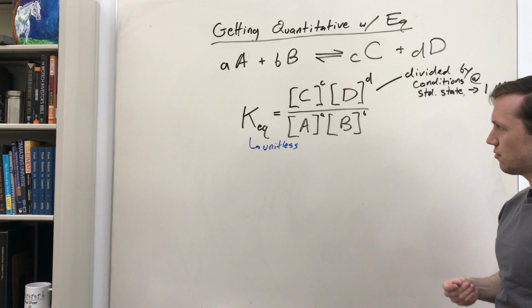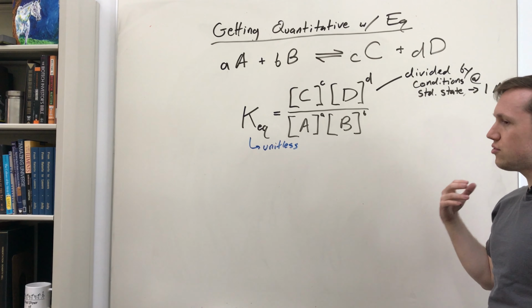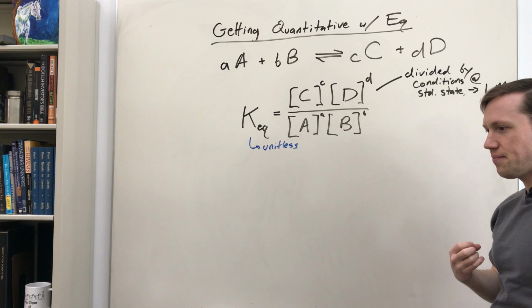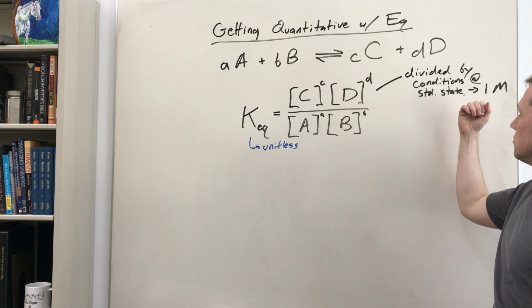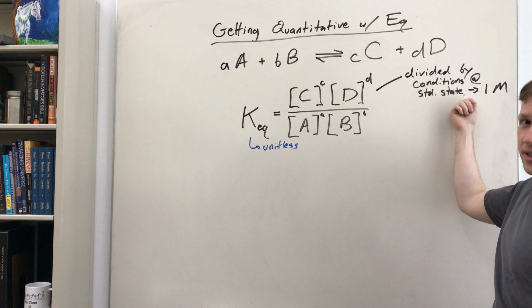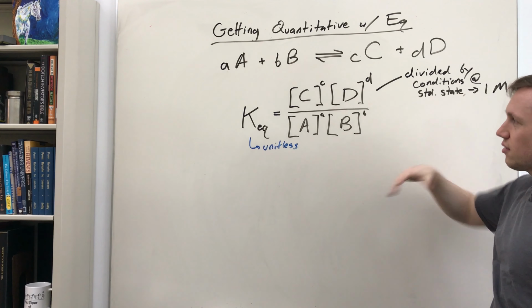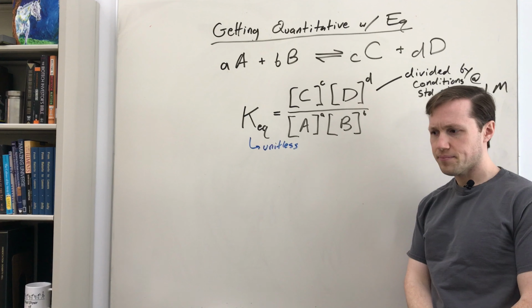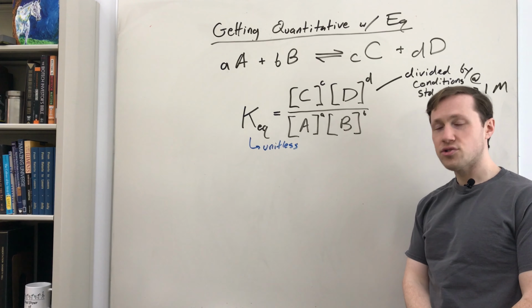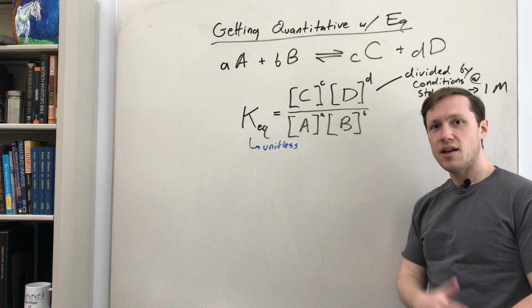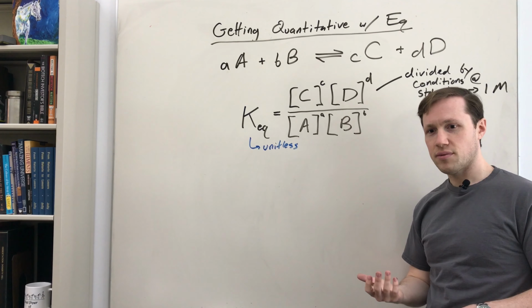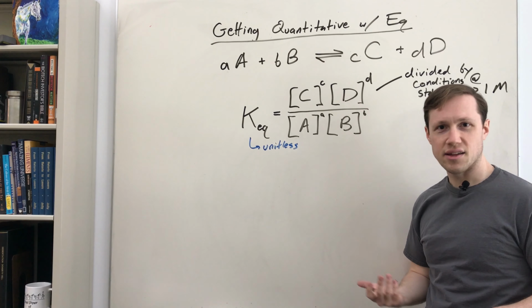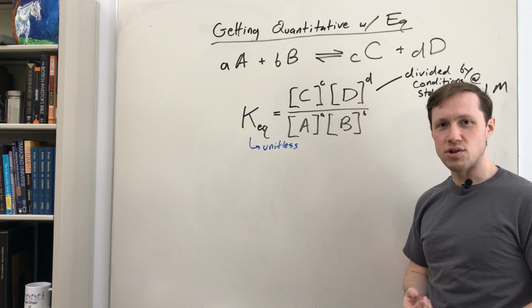There's something else too. If you divide a compound in solution by its standard state, well, that's 1 molar, and it switches its number over to molarity. You can also imagine how the same would be true if you divided a pressure. Dividing anything by 1 bar is going to give you a unitless pressure number.